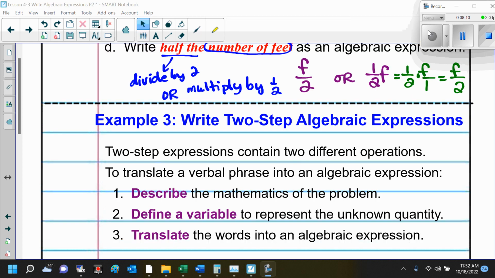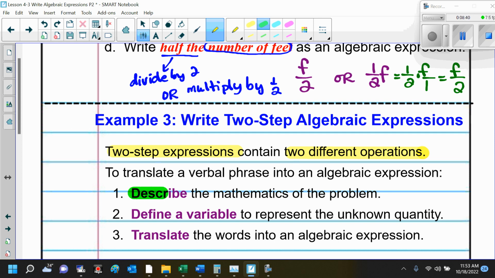So for example 3, we want to write a 2-step algebraic expression. It says 2-step algebraic expressions contain 2 different operations. Make sure you write this down: 2-step expressions contain 2 different operations. Now, to translate a verbal phrase into an algebraic expression, we already did this, and these are the 3 steps.